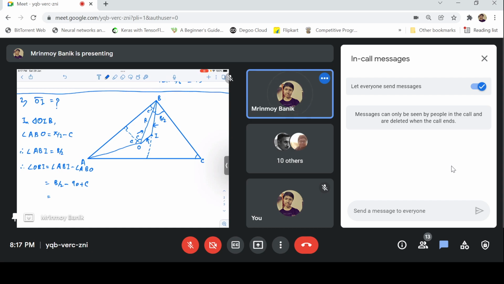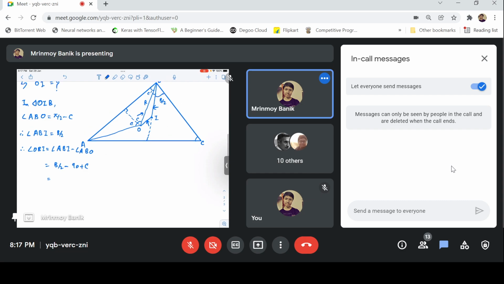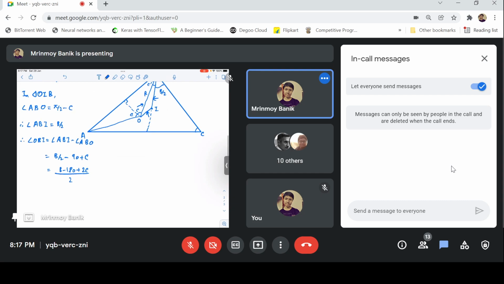So it's (B plus C minus 180) plus C by 2.